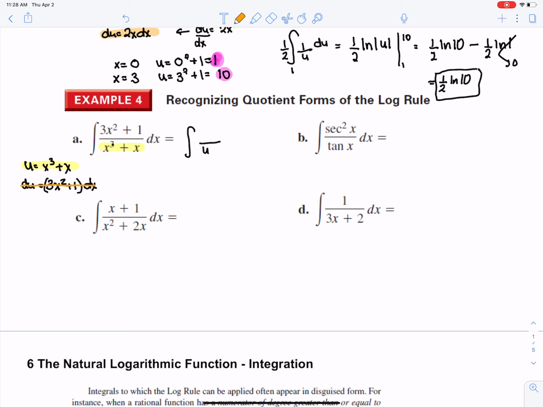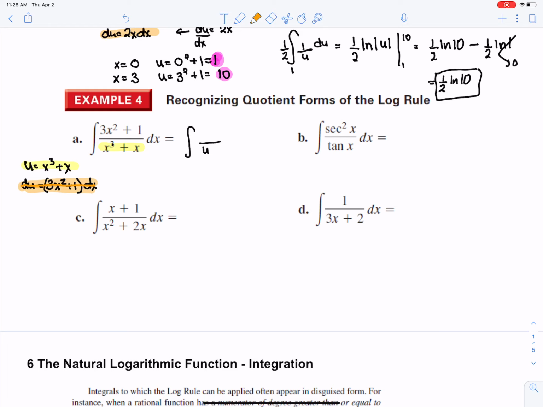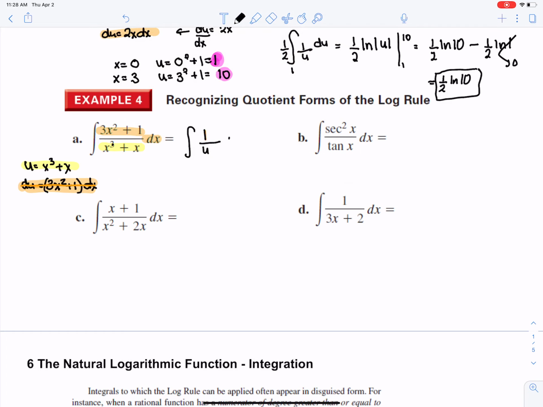The 3x squared plus 1 dx becomes the stuff on the numerator, which is a 1 du. I integrate ln of absolute value of u. This is an indefinite integral, so I need my plus c. I replace my u back with x cubed plus x. Again, you can always take the derivative of your answer to make sure you've done the question correctly.